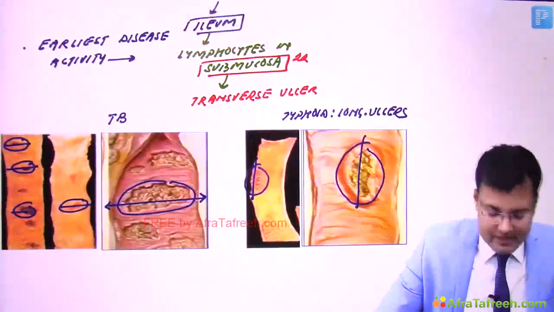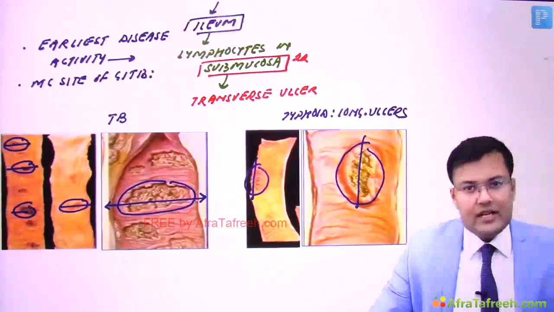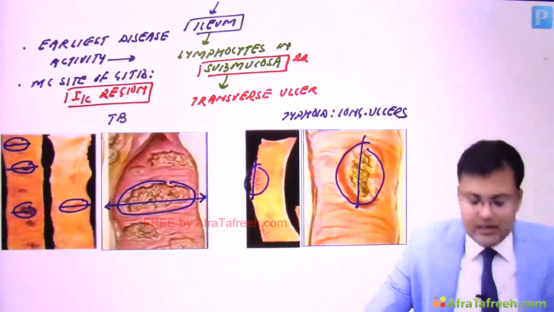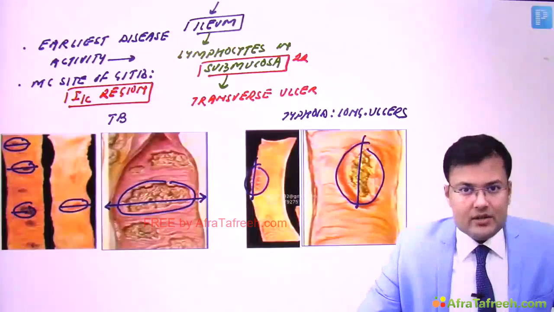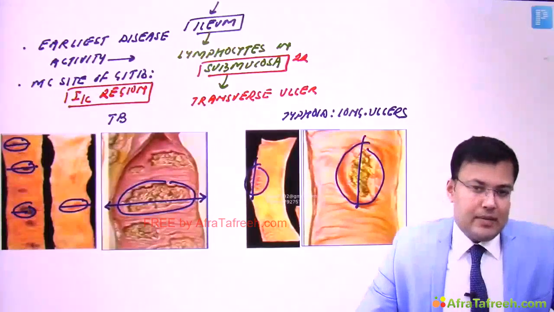And the second question which is asked, what's the most common site of GI tuberculosis? The most common site of GI tuberculosis is the ileocecal region, or ileocecal junction. These are important points. After that, lots of questions are asked in pathology also.